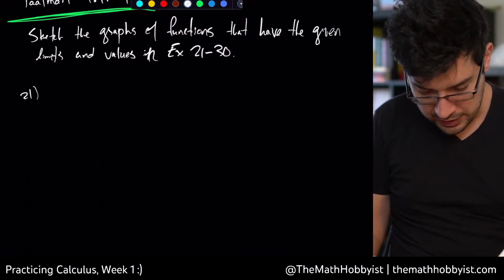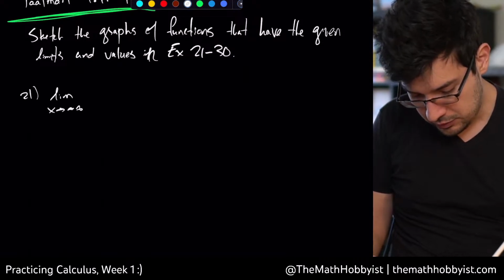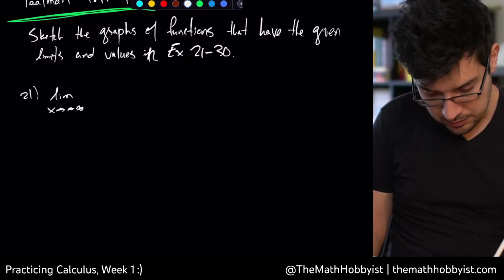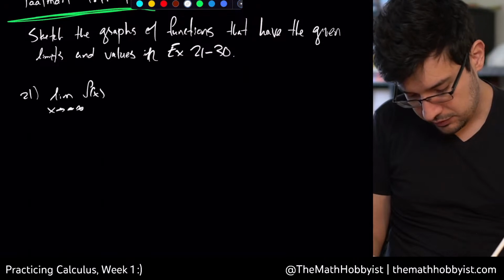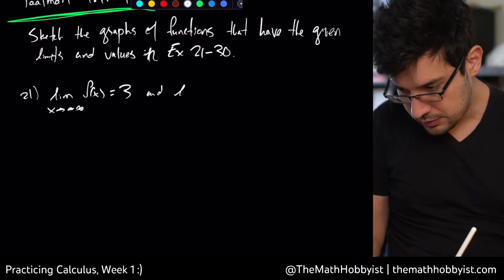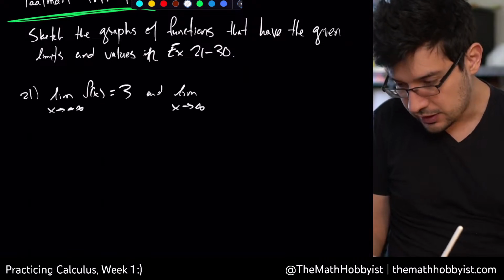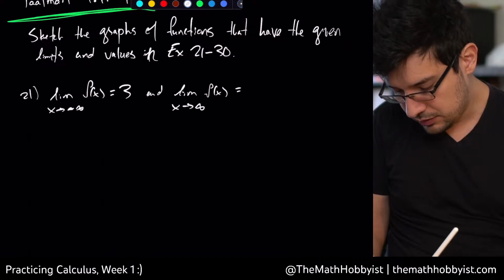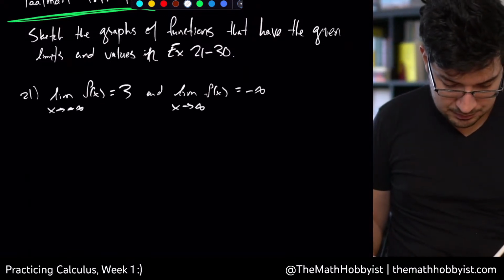So 21 has limit as x decreases without bound, f of x equals 3, and limit as x tends to positive infinity, f of x equals negative infinity. Okay.